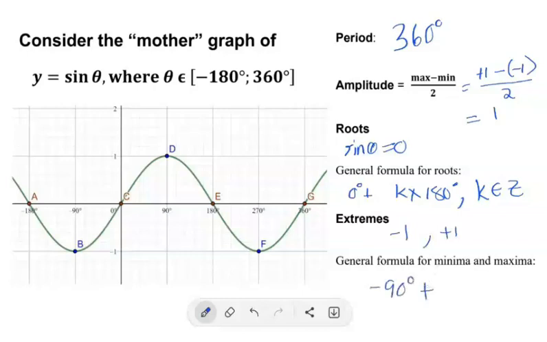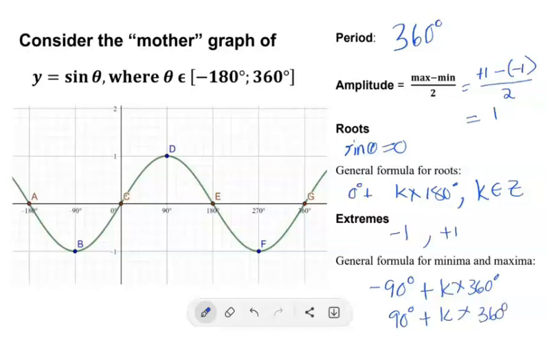And then we add k times... where does the next minimum occur? It occurs 360 degrees further. So we can say k times 360 degrees. The next thing that we look at is the maxima, and it will be exactly the same, but the starting point is different. It is 90 degrees plus k times 360 degrees.